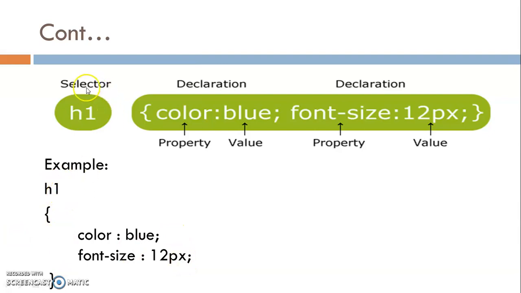So H1 is a selector, then color is a property name, then colon, blue is a value for property, then after completion of one property put semicolon and then write again second property with its value and then again put semicolon. So this code applies CSS for only H1 tag.